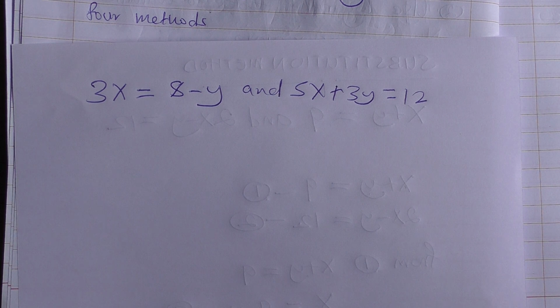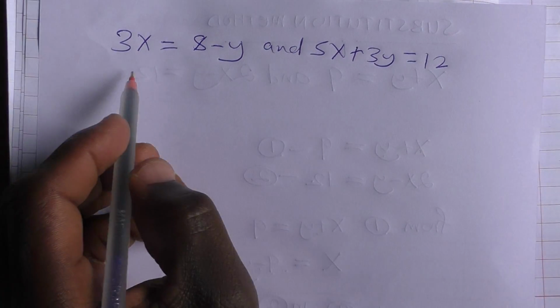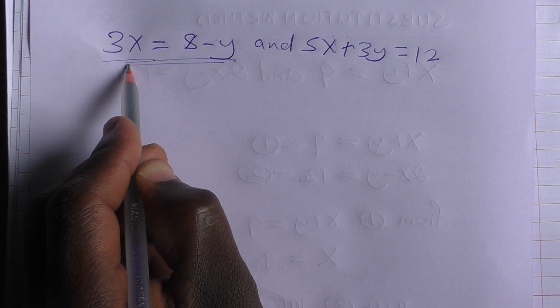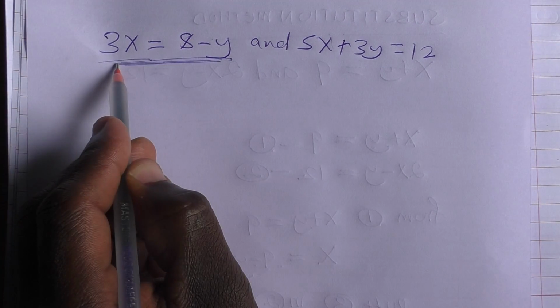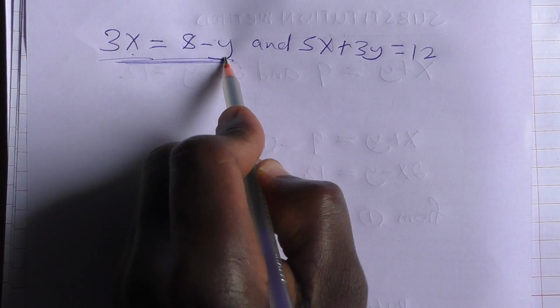When you're using the substitution method, please, if there is a simpler way of making one unknown the subject, do that. What do I mean? I could use this equation, and when I'm using this equation, I can make x the subject, or I can make y the subject.